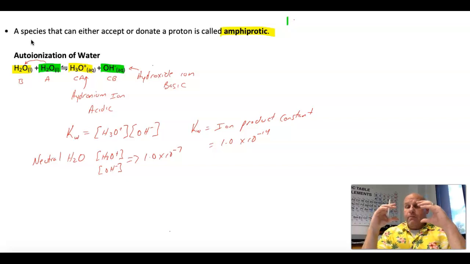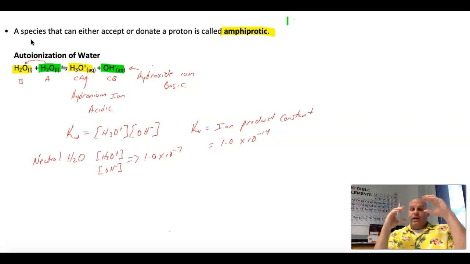Now, because they always multiply together to equal 1 times 10 to the negative 14th, if I have more H3O+ ion concentration, I must have less OH-, right? So they both can't be greater than 1 times 10 to the negative 7th, the neutral value. If one becomes greater than 1 times 10 to the negative 7th, then the other one must become smaller than 1 times 10 to the negative 7th.